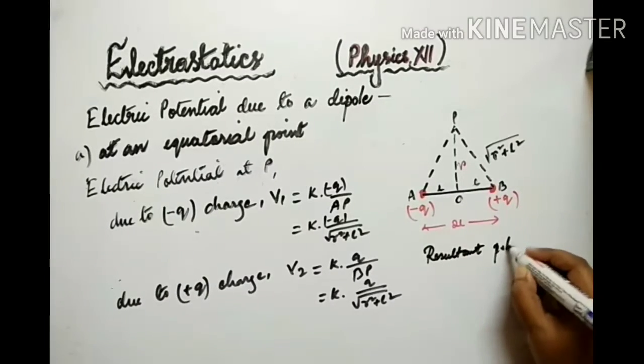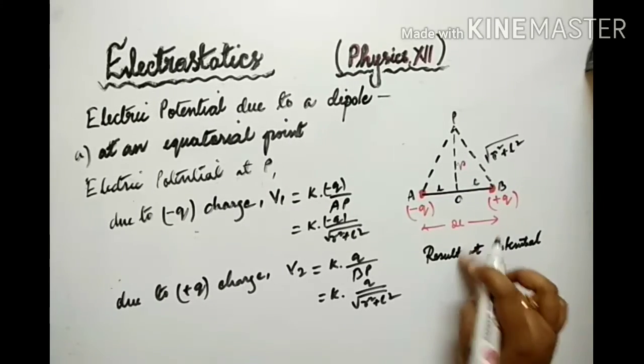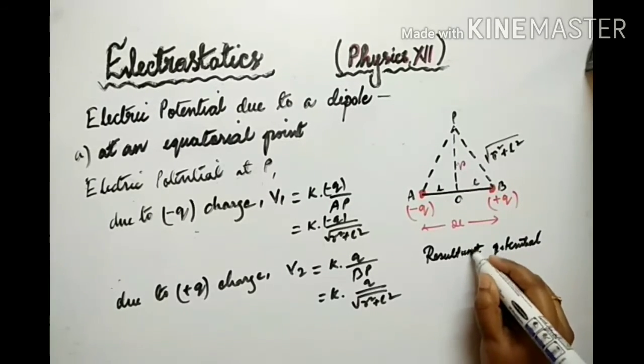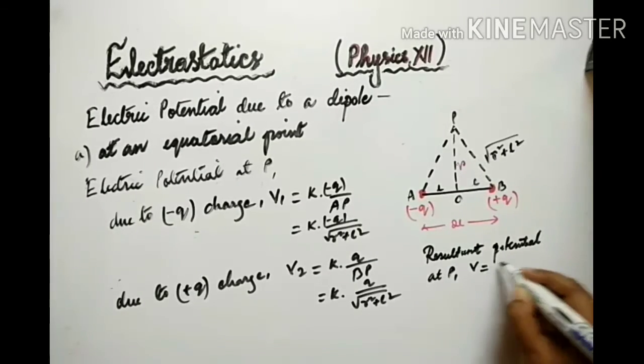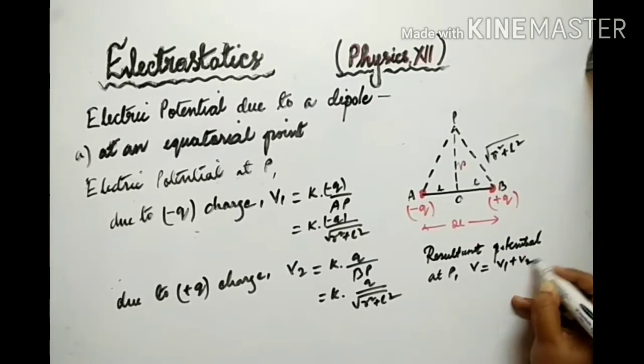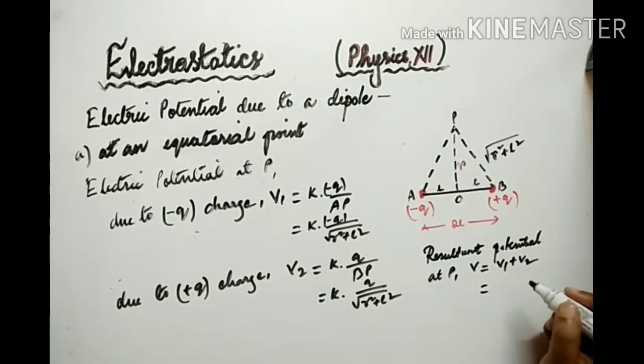So the resultant potential at P will be given by V equals V1 plus V2, direct addition since these are scalar quantities.